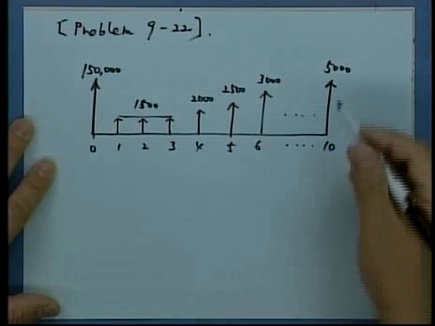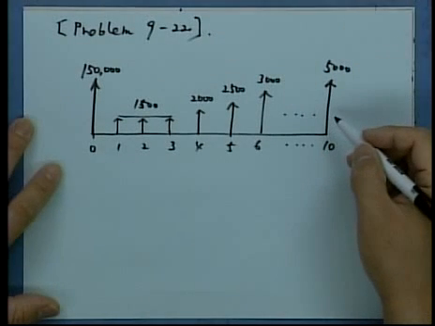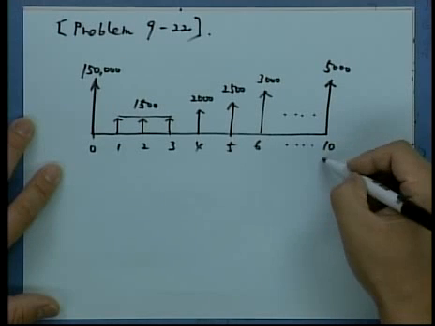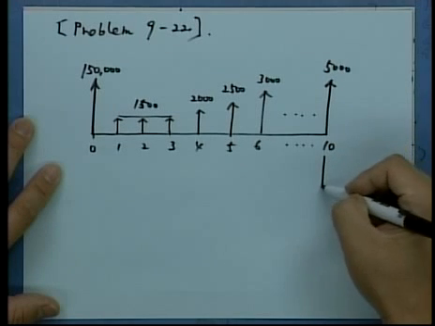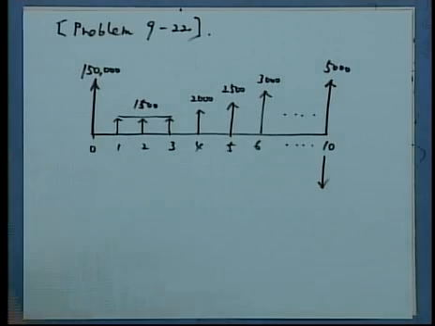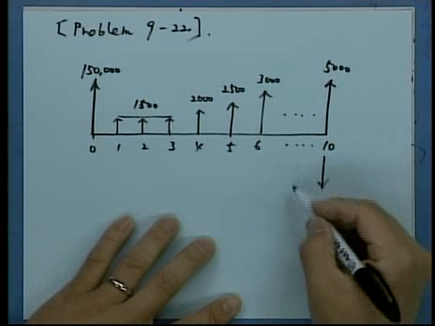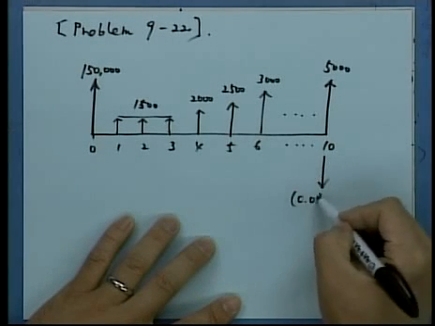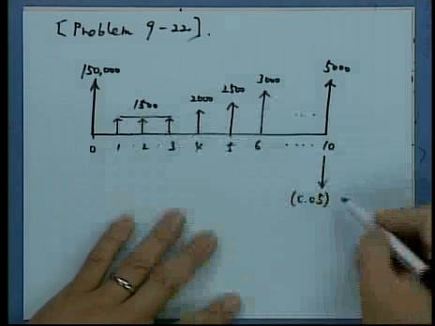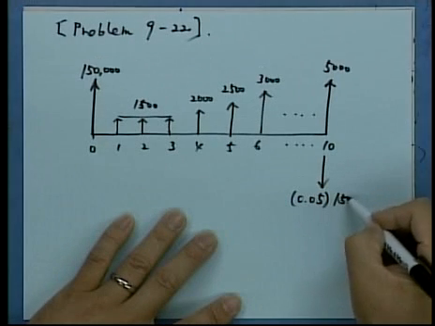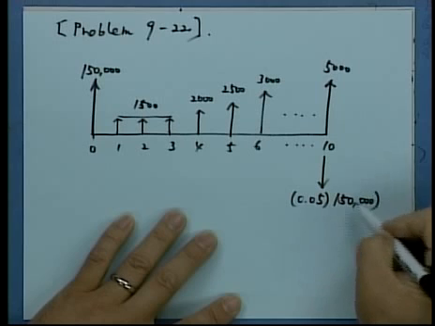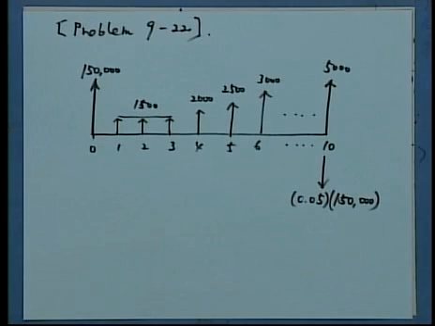What else do we need to consider? The salvage value. At the end of its useful life of 10 years, 5% of its initial cost would be the salvage value. So 0.05 times 150,000. That would be the salvage value.